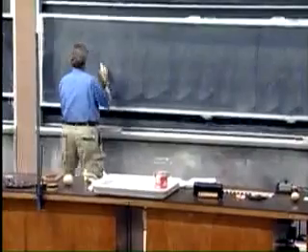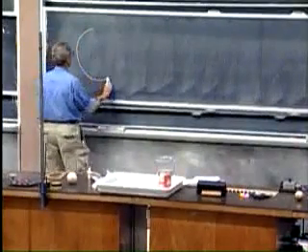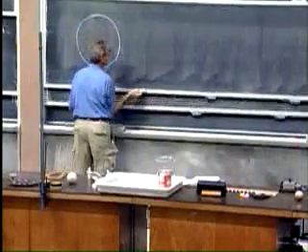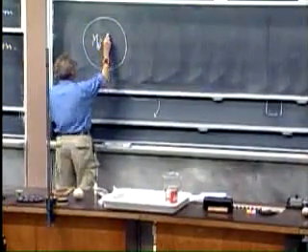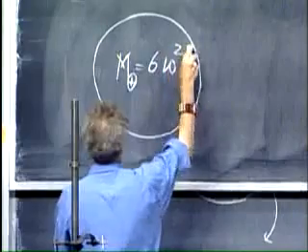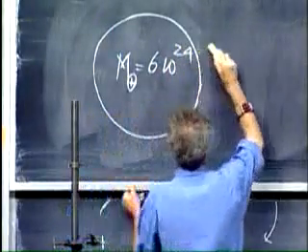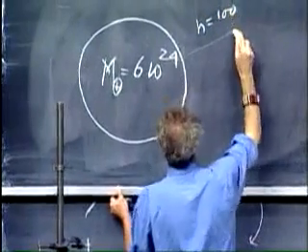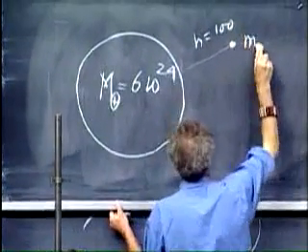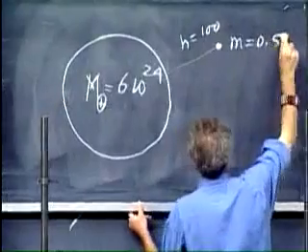So here's the earth, and the mass of the earth is about 6 times 10 to the 24 kilograms. And here at a distance h, for which we will take 100 meters, is this apple M, which, say, has a mass of half a kilogram.